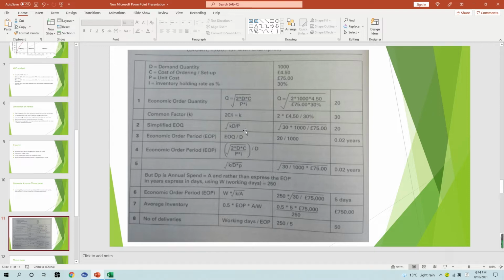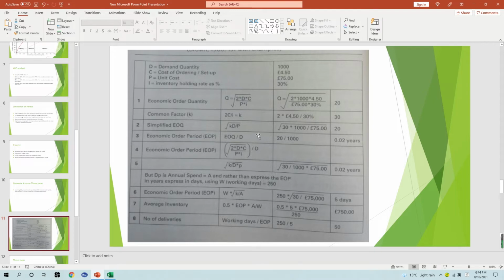From there, we can find out the economic order period. That's just EOQ divided by demand quantity, and this gives us 0.02 years.